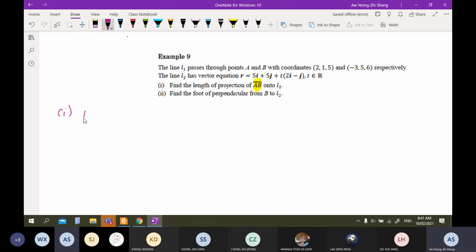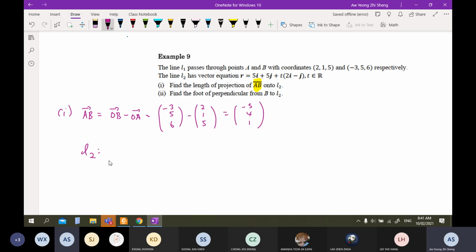Let's find vector AB. This is OB minus OA. We just sub in the coordinates.